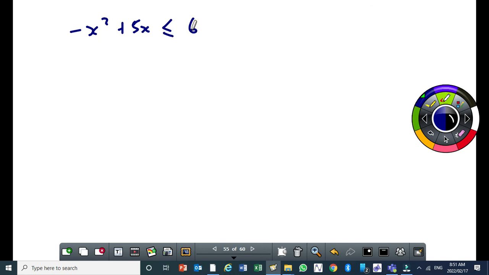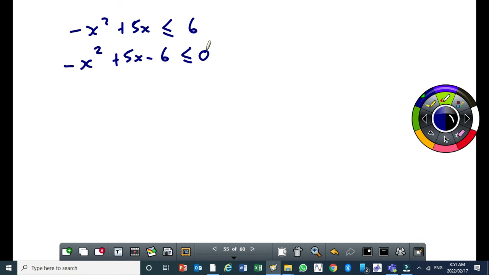First thing, we need to write this inequality as a trinomial. So we need to have a trinomial on the left first. So this would be minus x squared plus 5x minus 6 is less than or equal to 0.